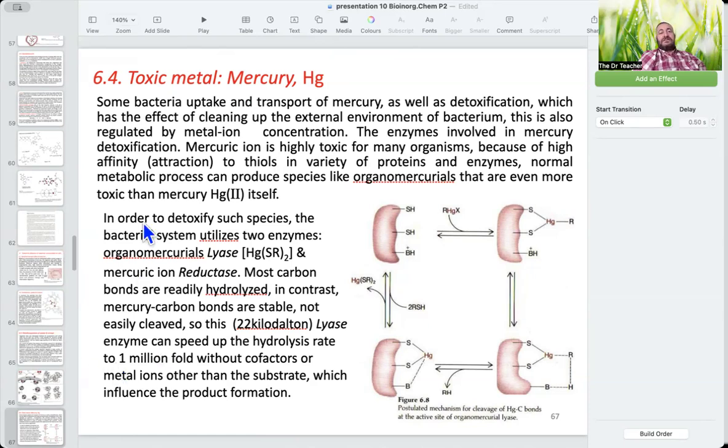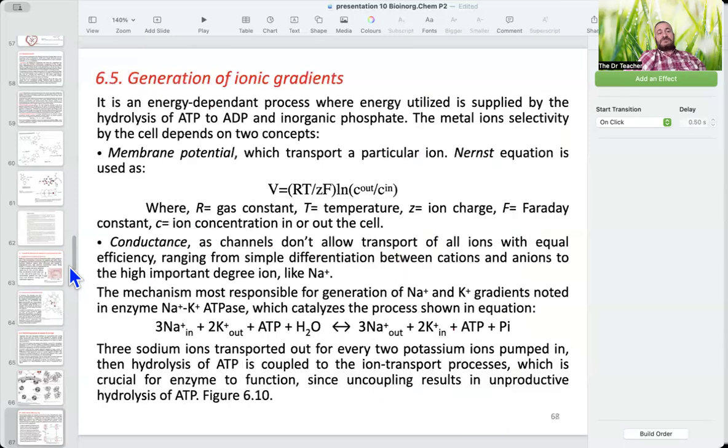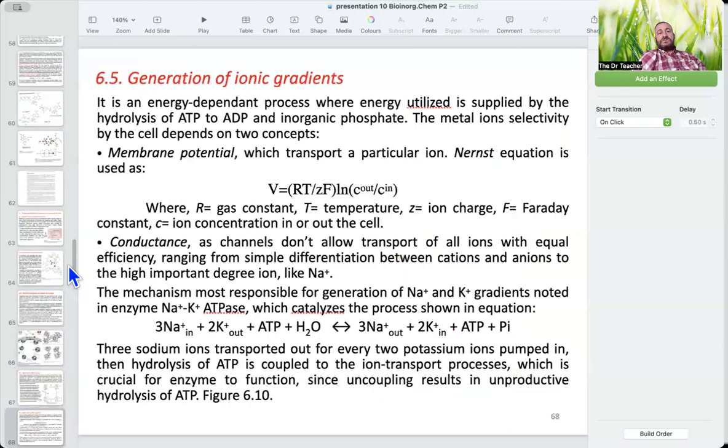So again, if mercury is introduced, the cell will defend itself. If there is mercury there, it will bind it and then cleave it to remove the toxicity.